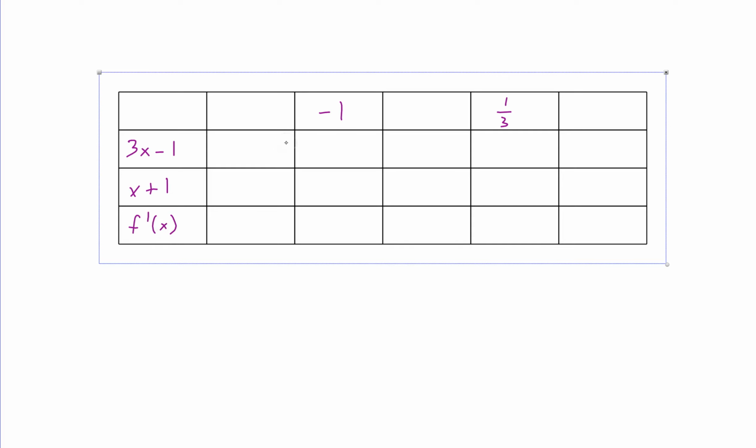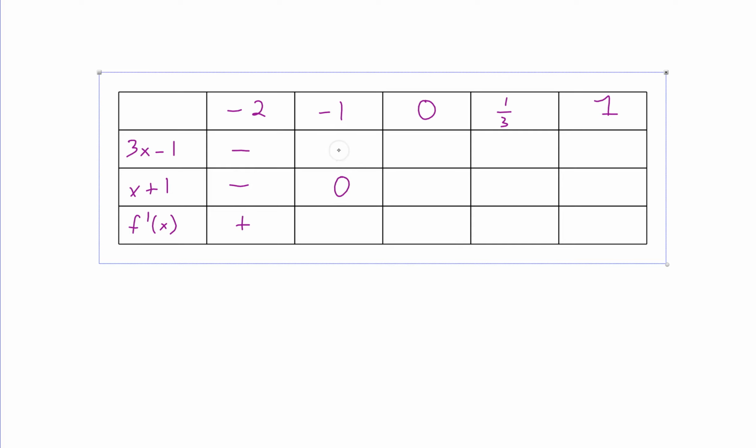So now the next thing to do is to choose a point before and after. So before minus 1, we'll choose minus 2, and between the two we'll put 0, and after we'll just choose 1. So x is equal to minus 2, we have something minus, and we have something minus, therefore f prime of x, minus times minus, becomes positive.